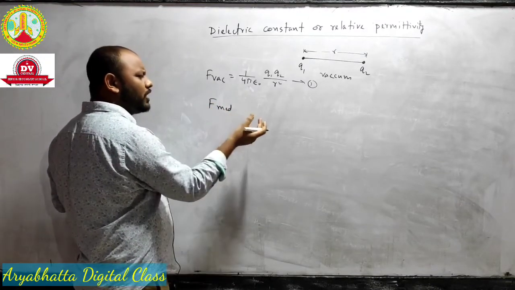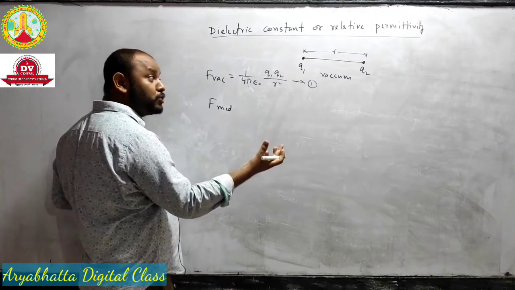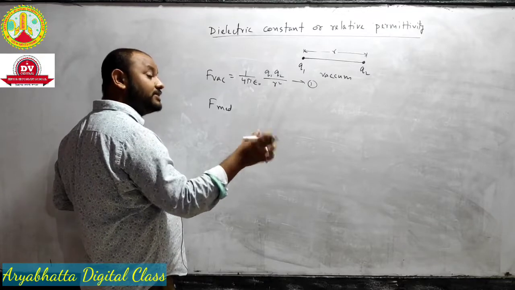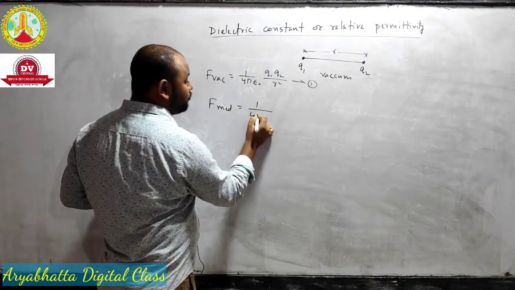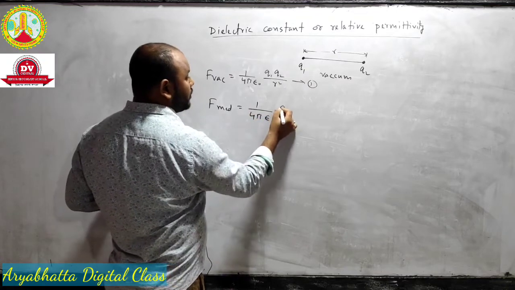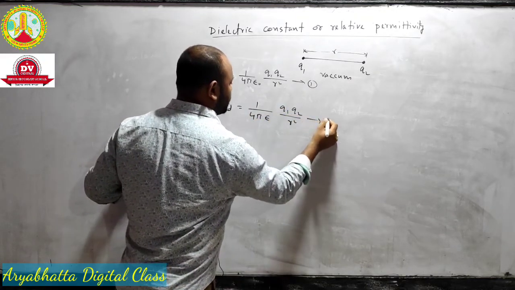This medium may be water, maybe kerosene, maybe petrol. In any other medium, the force between the same two charges at the same separation will be equal to 1 by 4 pi epsilon Q1 Q2 by r square. This is equation number 2.